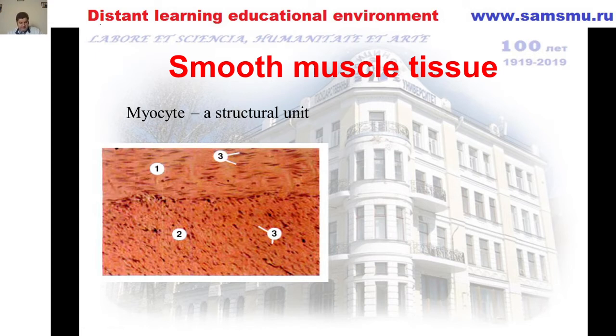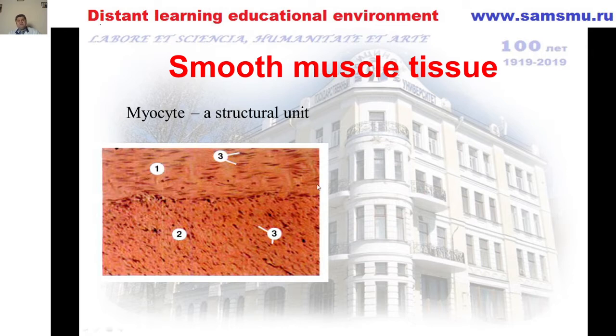Smooth muscle cells are mononuclear and small in size. Their average length is about 500 microns, and their thickness is about 6 microns. Functionally, smooth muscle cells are characterized by involuntary contraction. They are innervated through the autonomic nervous system.